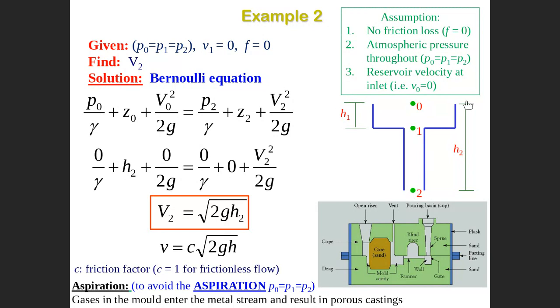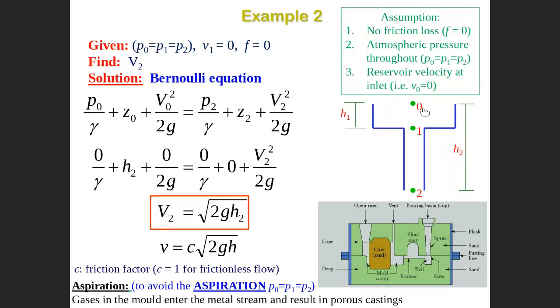Okay, then the assumption: F is 0. Friction in the pipe here is not big actually, so we can ignore friction. This is point 1. Also velocity at point 0 equals 0, and pressure here is atmospheric pressure.